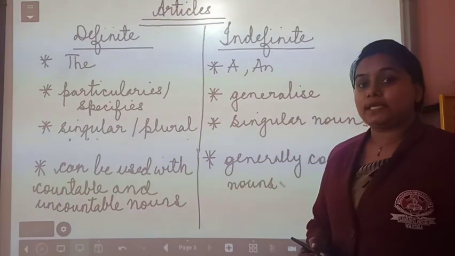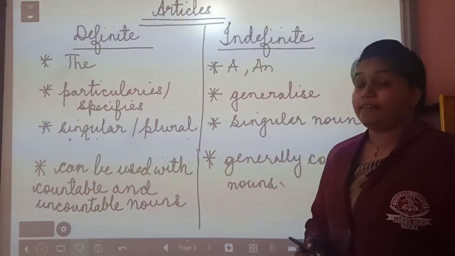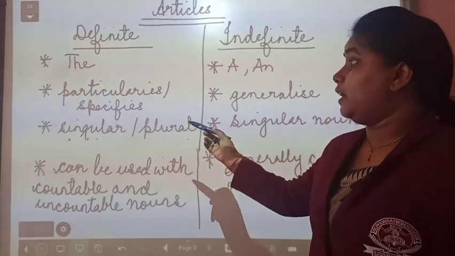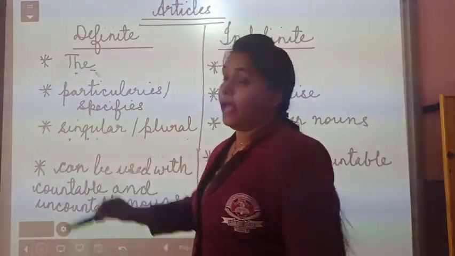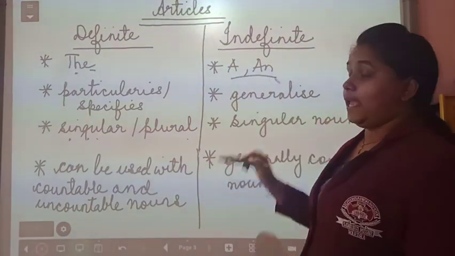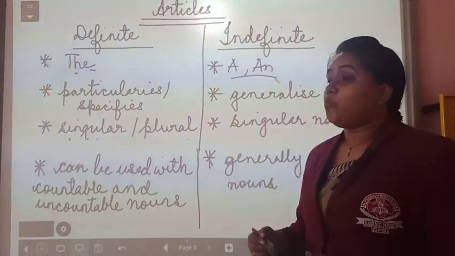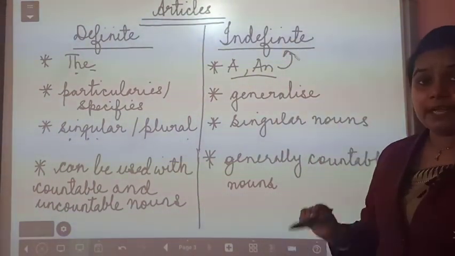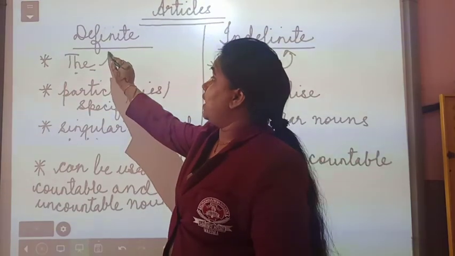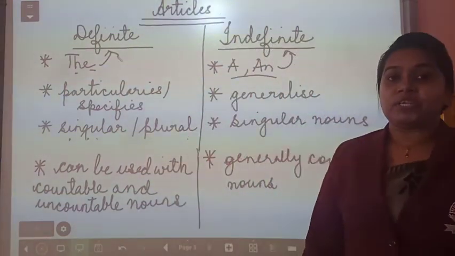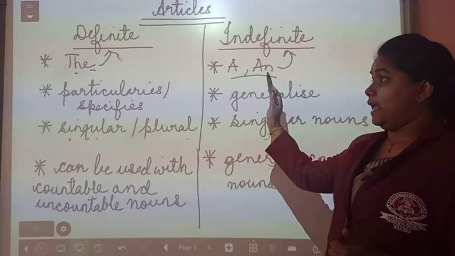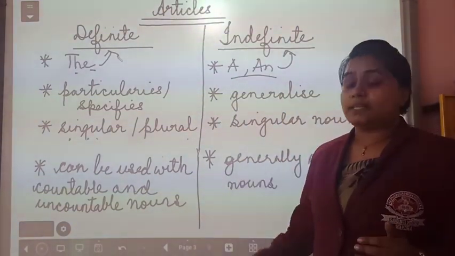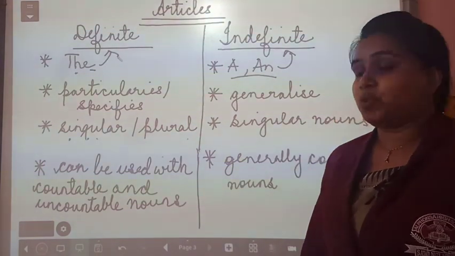Now let's see the usage of definite and indefinite articles. As I just told you, the definite article is the and the indefinite articles are a and an. Now, why are a and an known as indefinite and why is the known as definite? Let us learn that in a little more detail.